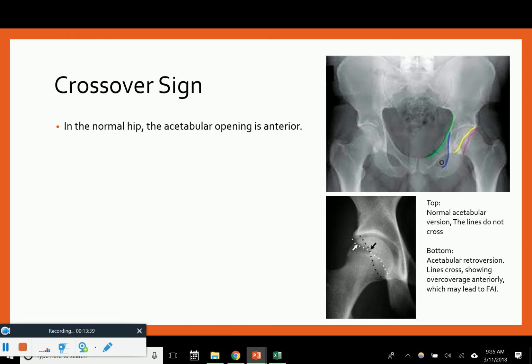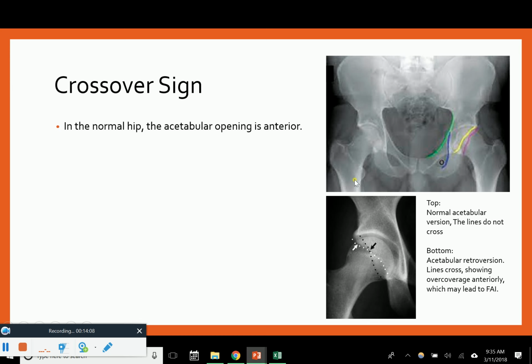When people get into trouble is when the rim points inferior, lateral, and posterior. If it points posterior, we would call that retroversion of the acetabulum, and that would mean that the anterior portion of the acetabulum has bony overhang in the front part. This can cause impingement if there's too much bony overlay in the front.